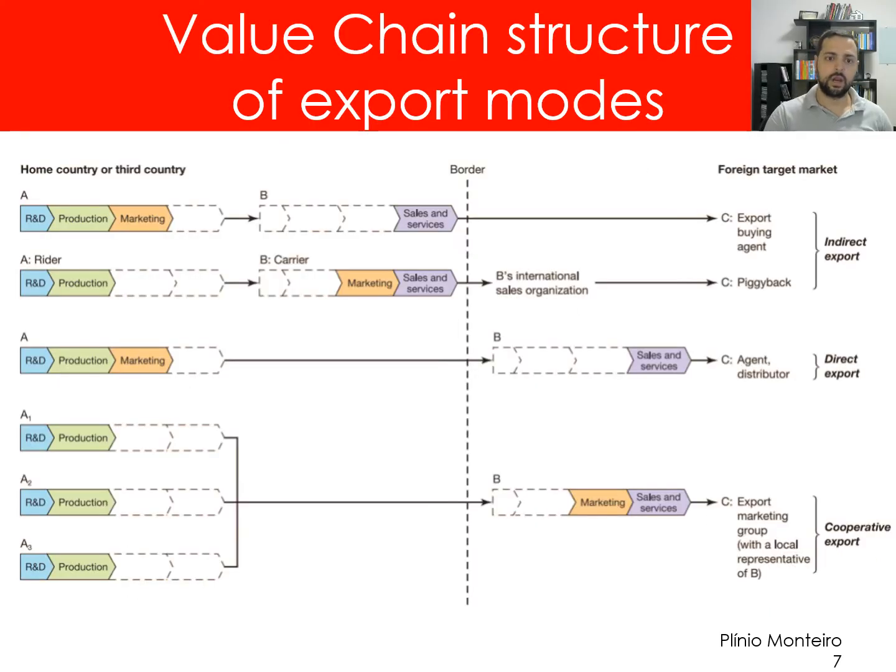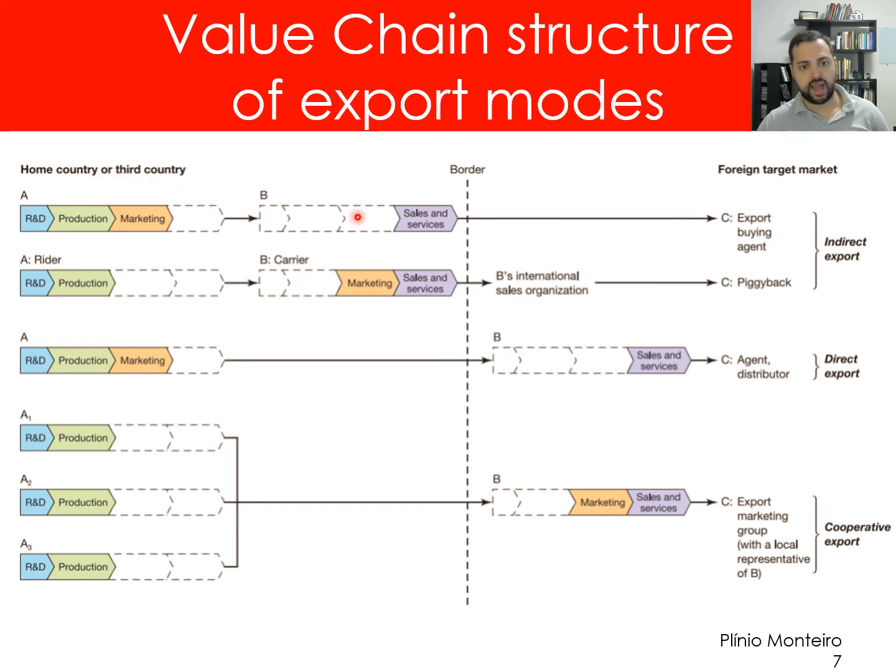Let's take a look at the value chain structure of these different entry modes. Let's start with the indirect export. In that case, let's think about the export buying agent. So you have all your research and development, production and marketing in the home country, or sometimes in a third country.